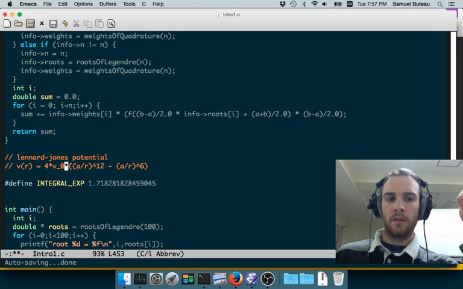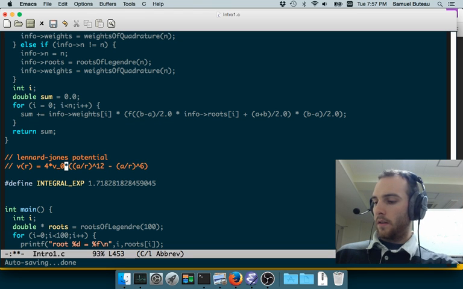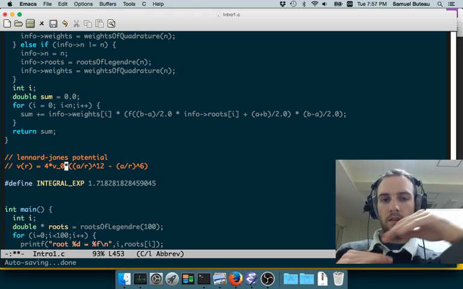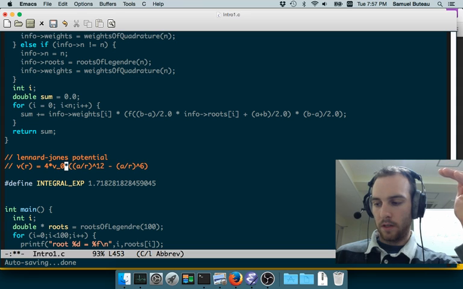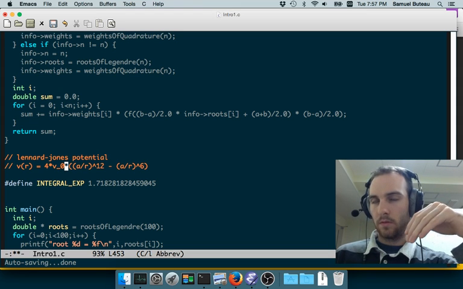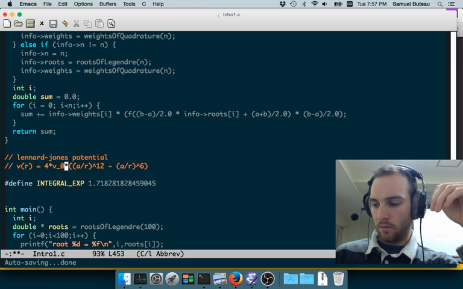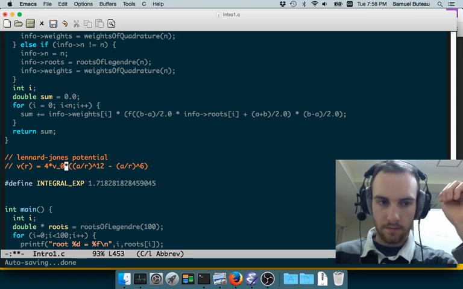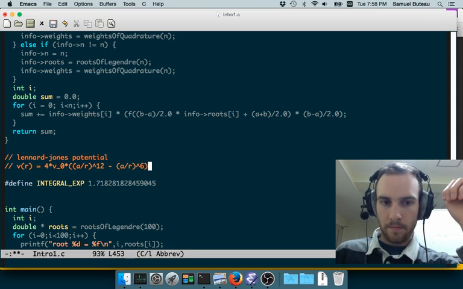It's kind of a length scale, whereas V0 is kind of a height scale. V of R has a minimum at R equals 2 to the 1/6 times A. If you put that here, you get a minimum.